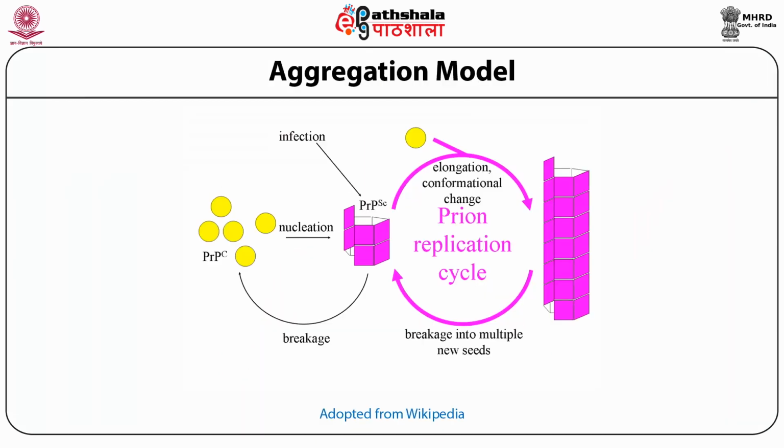The other is the soluble part. When this protein comes across the infection, that is, a fibrous prion protein, then this globular part immediately becomes the fibrous part. The fiber elongation takes place, and this induces the conformation in the globular protein to form a beta sheet rich protein, and it assembles onto the fiber.